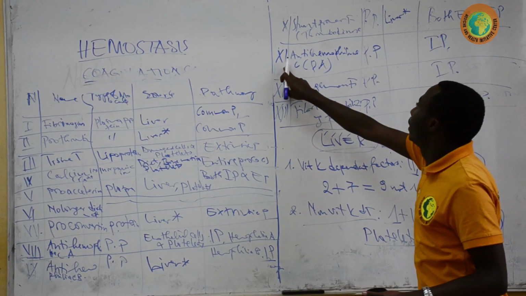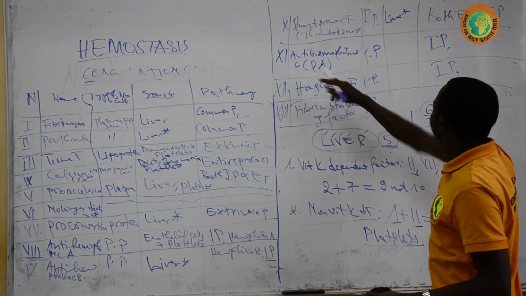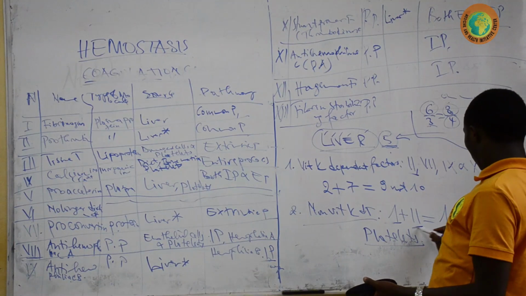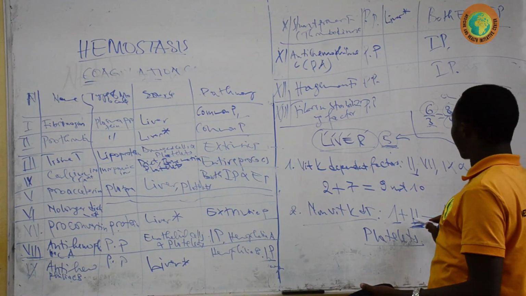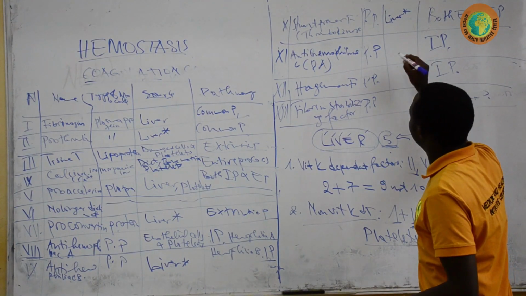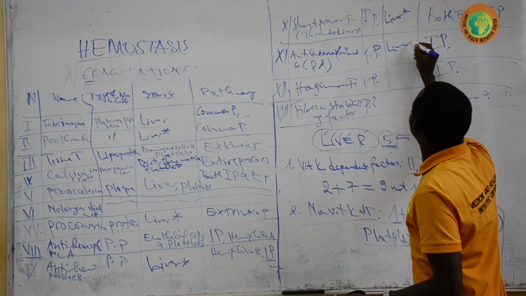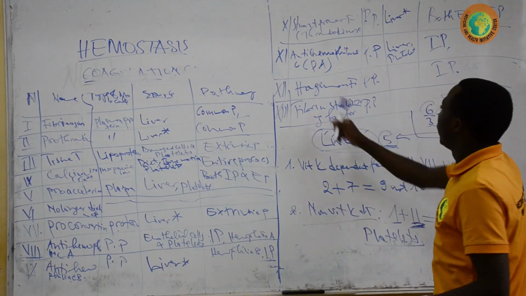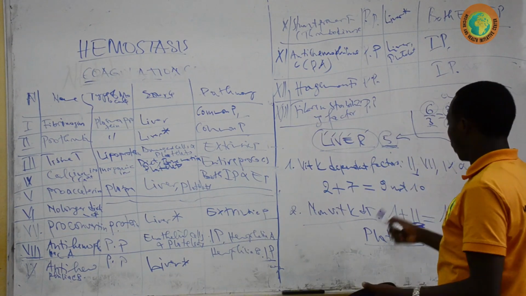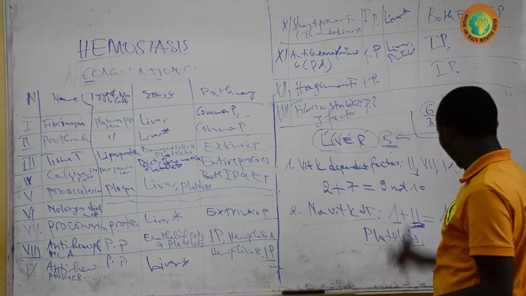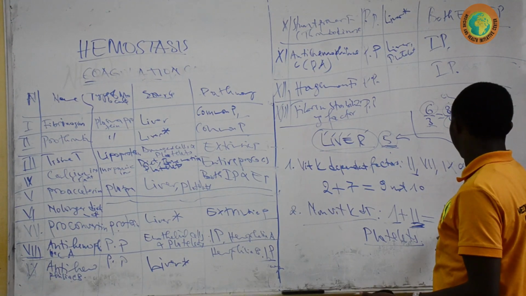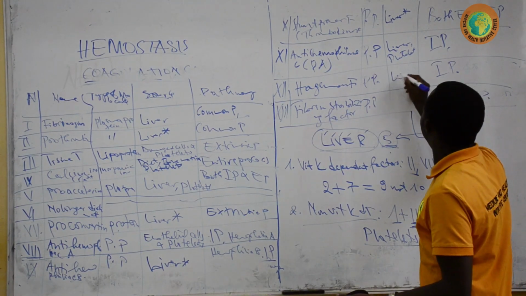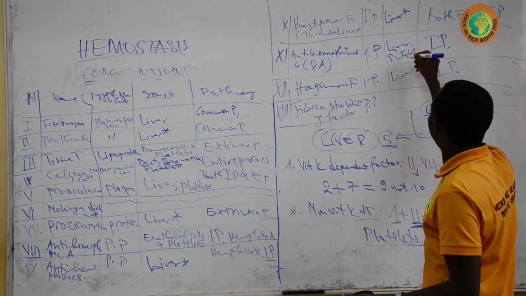Factor 11 is produced by the liver and platelets. Now Hageman factor, factor 12, is also from the liver.